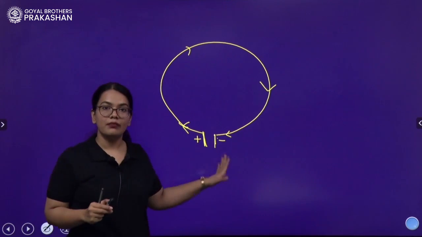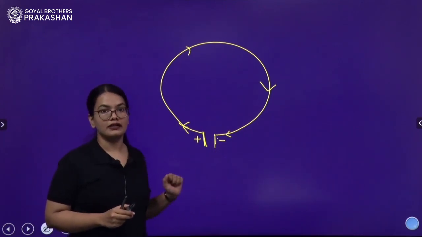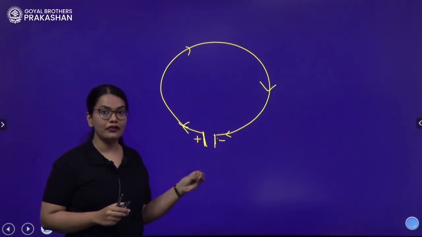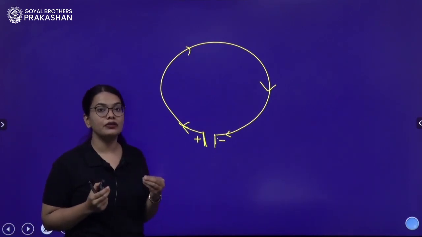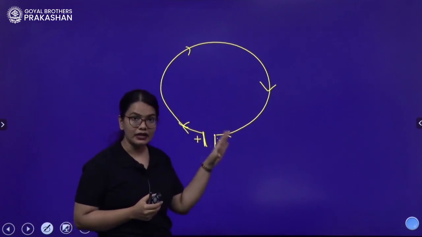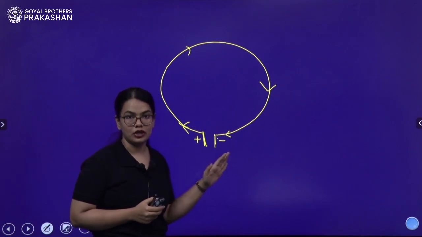Now see, it is very important that you understand the plane of the wire, because if you understand the plane of the wire, you will be able to understand what the shape of the magnetic field lines will be. Suppose in this case, the plane of the wire is the plane of this board or the plane of your paper on which you are drawing.